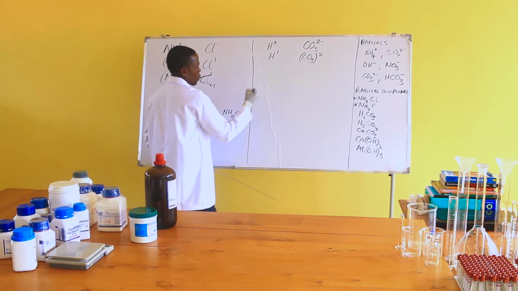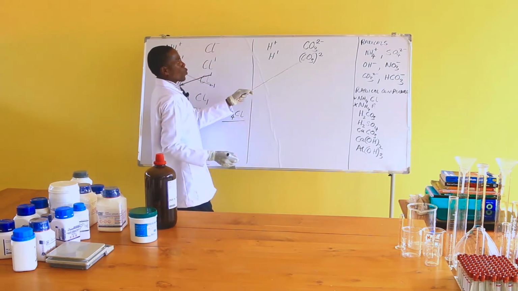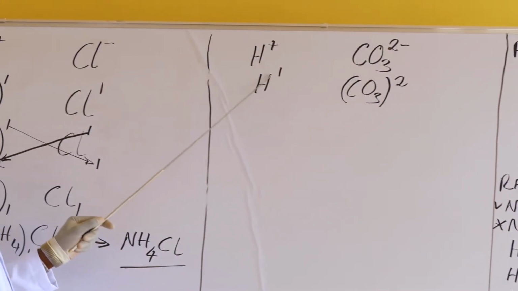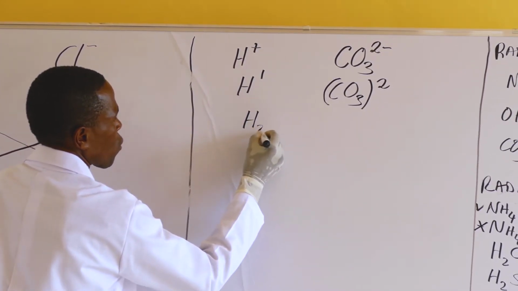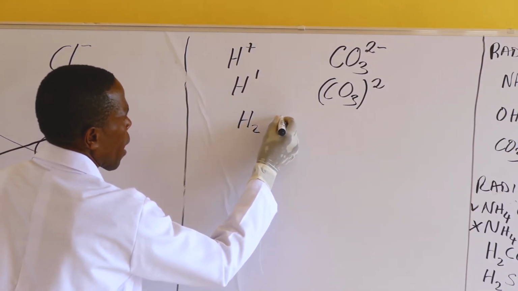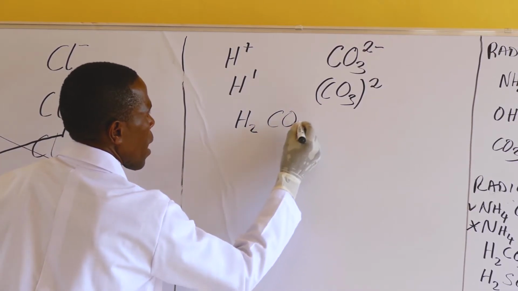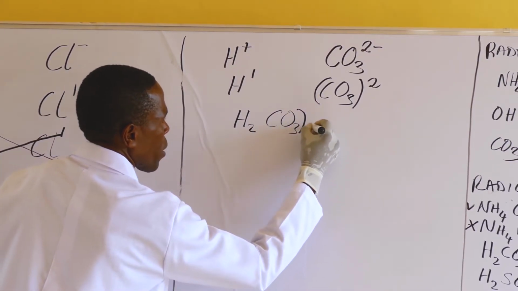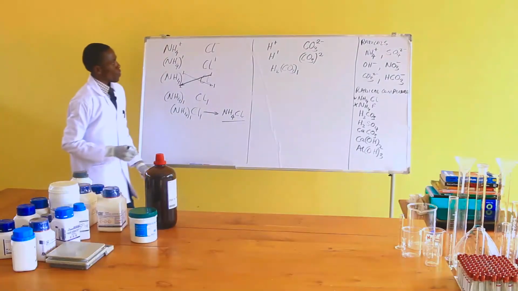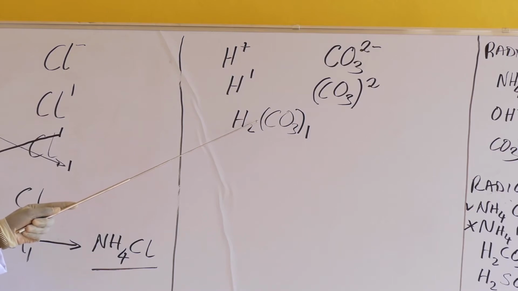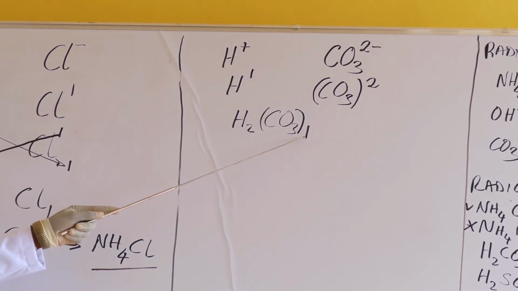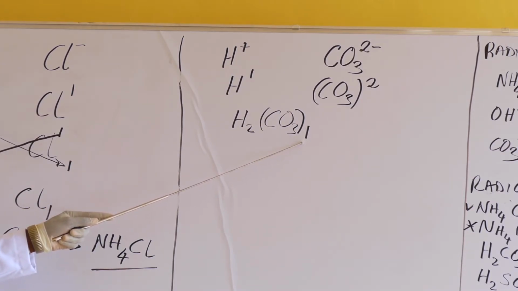Then you exchange valences. When you exchange valences, 2 will move to hydrogen and 1 will move to carbonate. It comes out like hydrogen with 2 and carbonate in a bracket with 1 outside the bracket. If 1 appears in the formula, there is no need of indicating it.